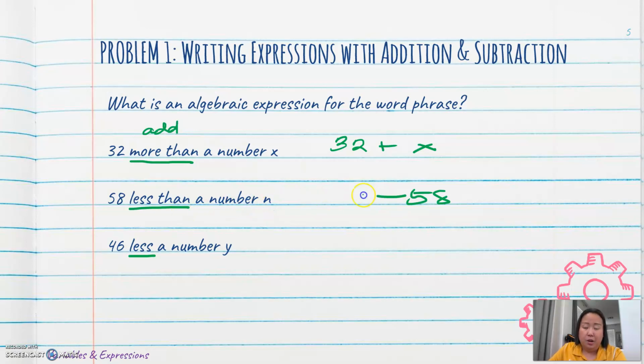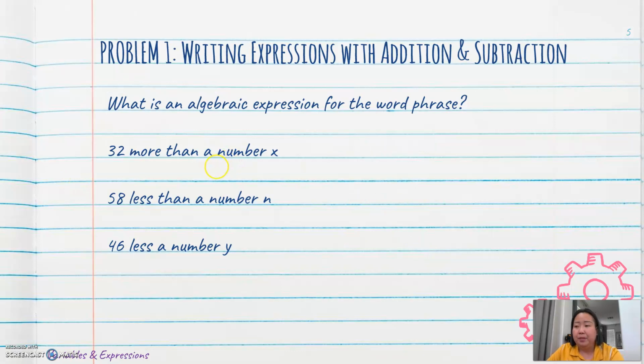From a number n. So this second phrase is going to be n minus 58. Now the third one, because we only have less, pretty much this is a direct subtraction expression. So 46 less a number y. So it's 46 minus a number y.